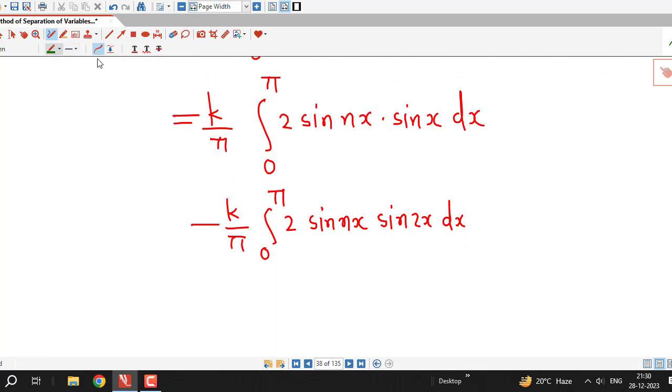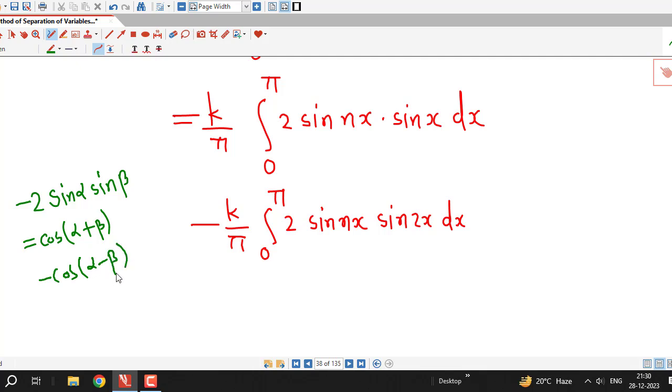Now to integrate this, first I have to use the formula that minus 2 sin α into sin β I can rewrite as cosine of (α plus β) minus cosine of (α minus β). So I can adjust that minus sign here.